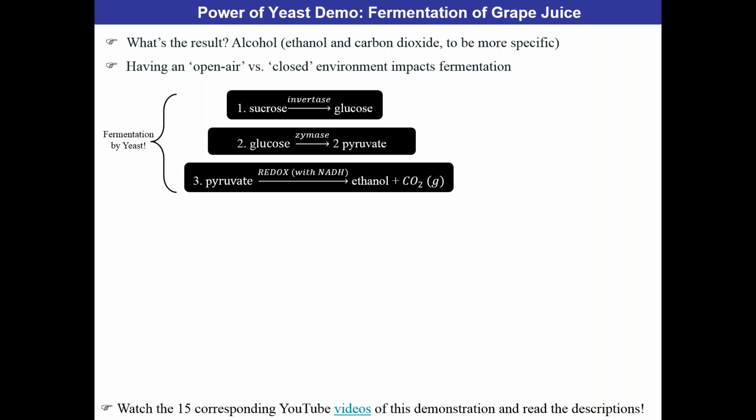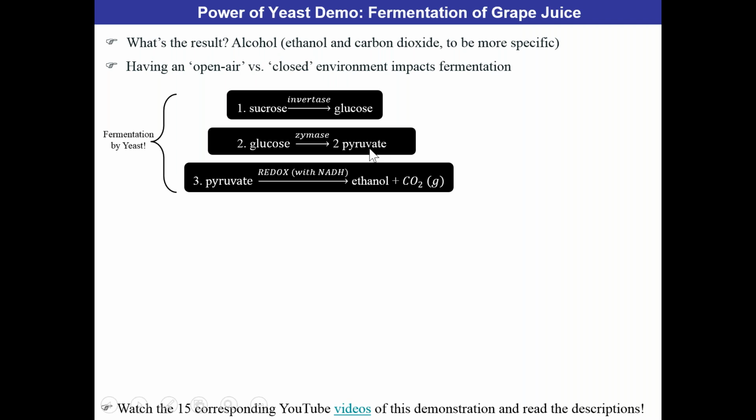But what you're basically relying on is the yeast to be able to use invertase, which it has. It's an enzyme that can break down sucrose to glucose, kind of like sucrase, right? They use invertase to get it to the glucose feedstock. The glucose feedstock then goes through glycolysis to 2 pyruvate molecules.